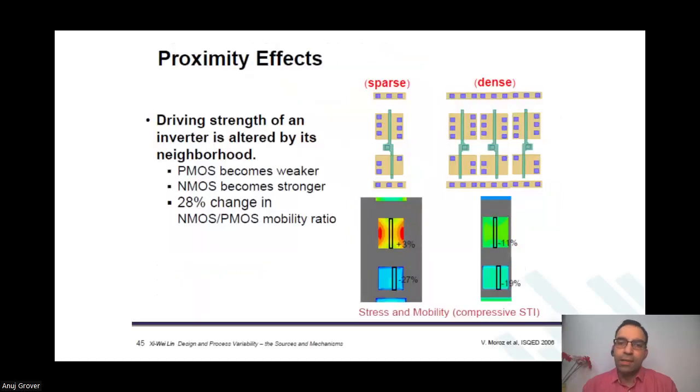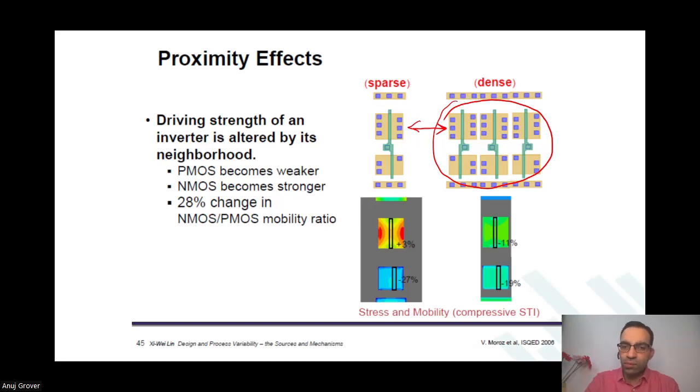The next kind of effects, again systematic effects, is proximity. There are devices placed far apart, with more spacing between devices, versus devices placed close together. You will see that the kind of stress that appears in the diffusion region, where you have your contacts and everything, changes.